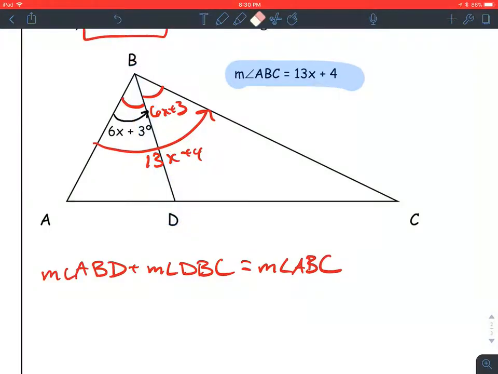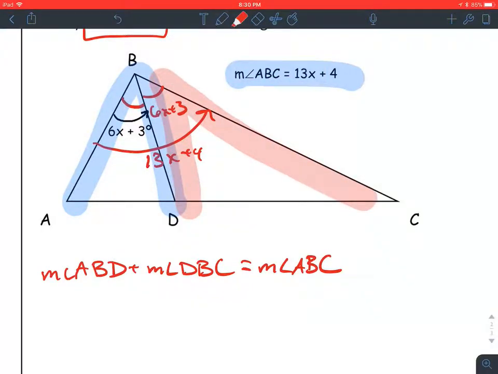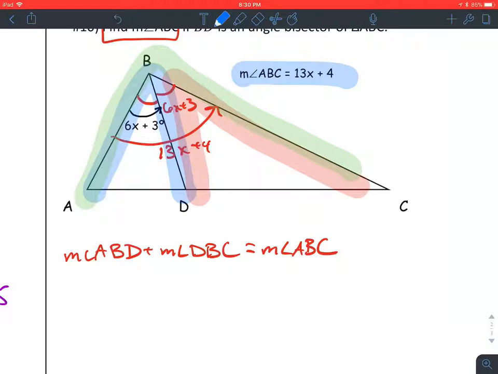So here's what we're saying in the picture. This angle, the blue one, plus the red one is going to equal this green angle. If we substitute in with what we know, measure of angle ABD is 6x plus 3.